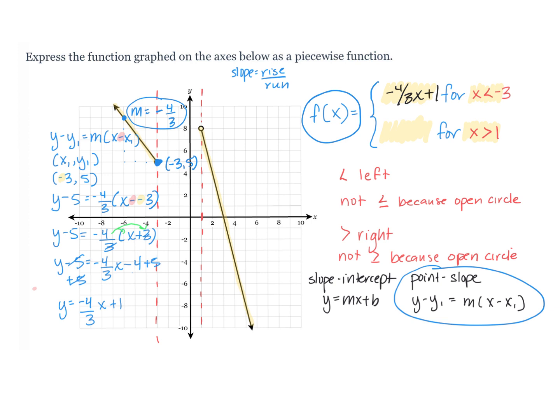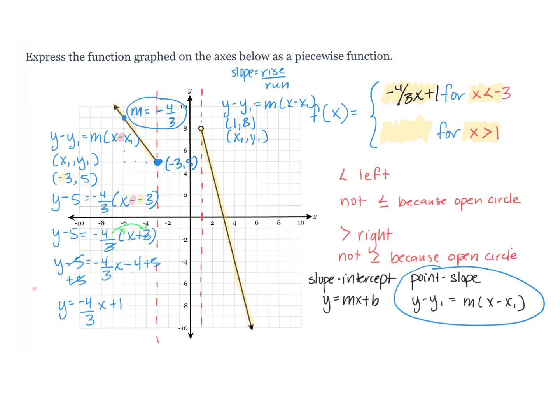So now let's find the equation of the line for the line on the right. So for this one, once again, we don't have a y-intercept, so we'll have to use y minus y1 equals m times x minus x1. That's our point slope form. We need a point on the line, which is going to be the easiest point to see, (1, 8), which is our x1, y1. And then we'll have to find the slope.